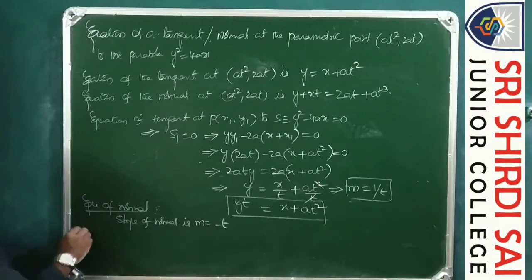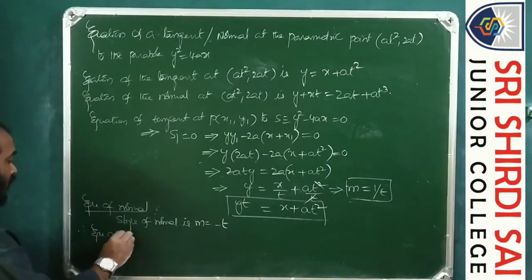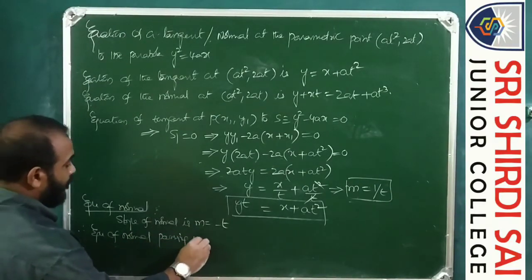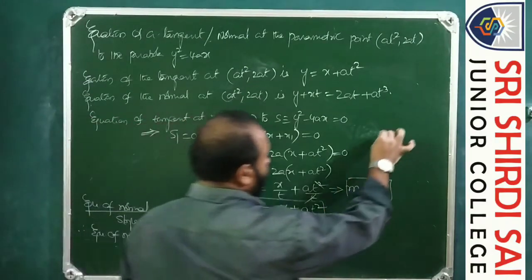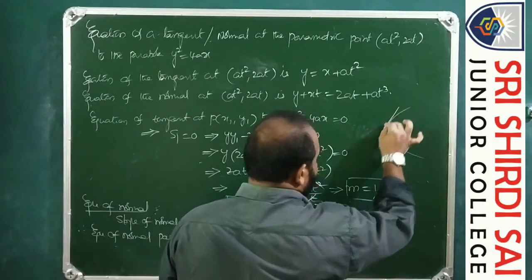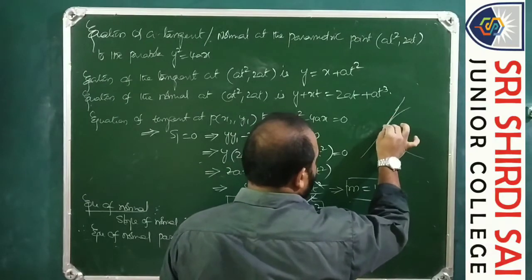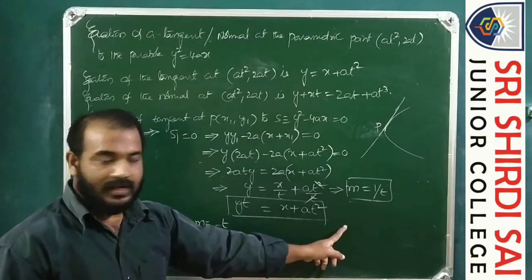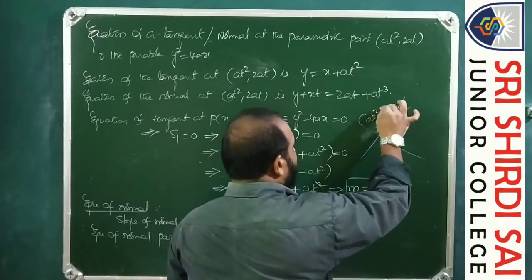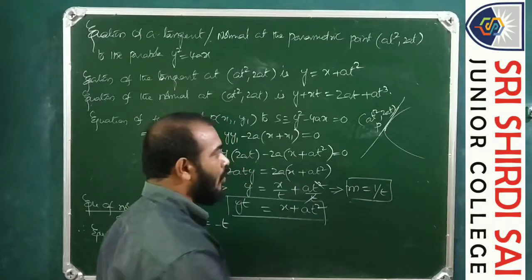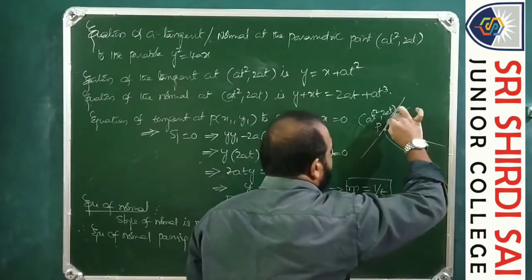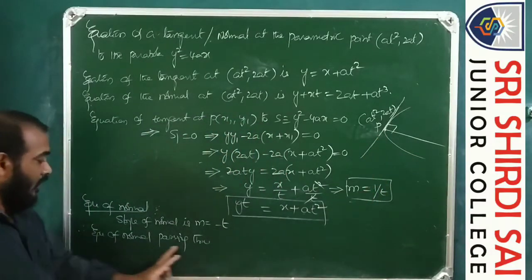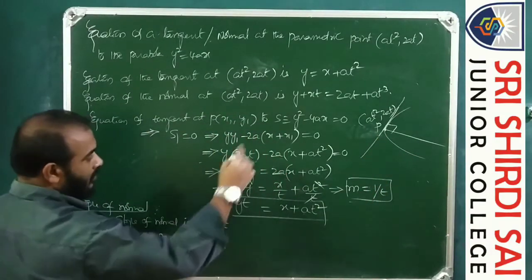Now, therefore, the equation of normal passing through P. So far this tangent we have found at this point of contact, the parametric point (at², 2at). Now the normal also passes through P. What is P here?